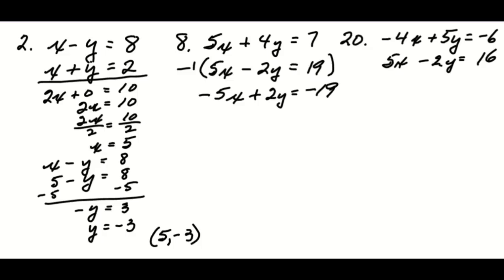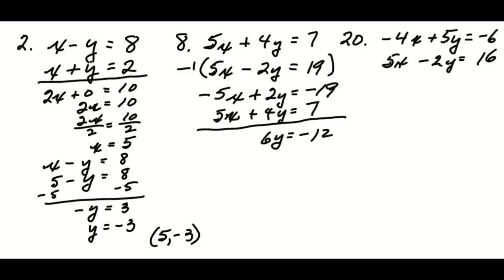Now I bring my first formula down, 5x plus 4y equals 7. Now I've got these two in the format that I want, where I have a positive and a negative of the same value. These x's now will cancel out, and I will get 6y equals negative 12.